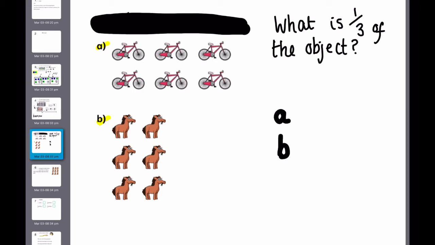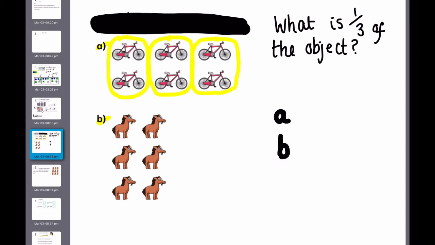So let's go for the bicycles first. Let's go this way. 1, 2. Oh, there's only 2 groups. So I can't find a third that way. Let's start again. Let's go the other way. Group 1, Group 2, and Group 3. That's better.